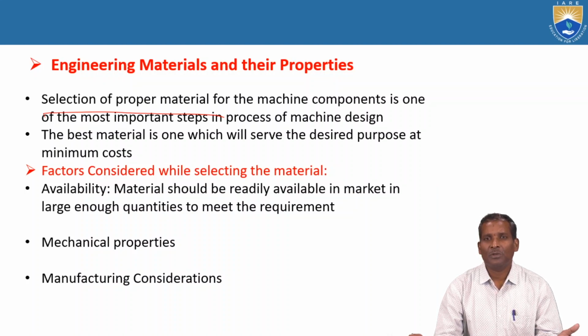Which material is suitable for your design? First identify. Without knowing the mechanical properties or thermal properties of a particular material, you can't select. That's why you should first study the properties of the material. Then only you select the proper material for your product.